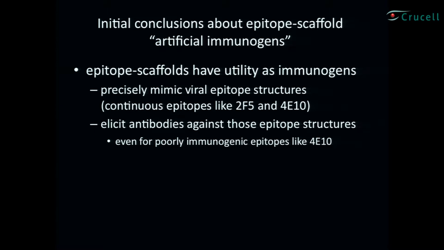The caveat to these studies, and the reason that they weren't in Science or Nature, is because when you're doing vaccine design, if you don't elicit neutralizing antibodies, everybody said, well, you didn't do any better than anything before. And in these cases, the polyclonal responses weren't neutralizing, and obviously that was a disappointment.